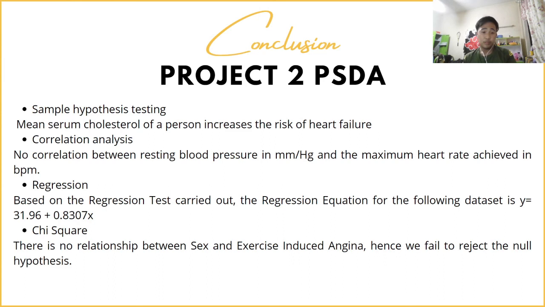The next one is the regression, and we ran the test, and we got the equation y equals 31.96 plus 0.8307x. And lastly, for the chi-square, we got that there is no relationship between sex and exercise induced angina, hence we fail to reject the null hypothesis.